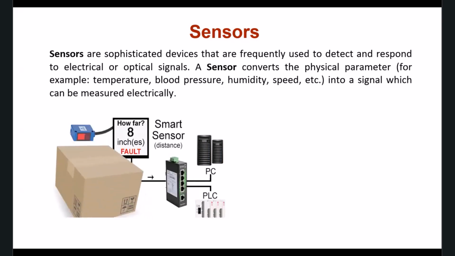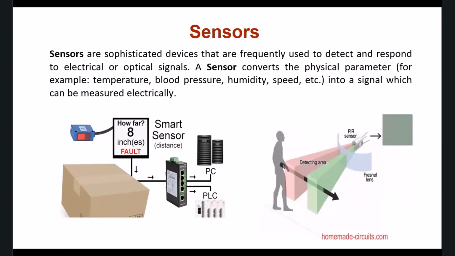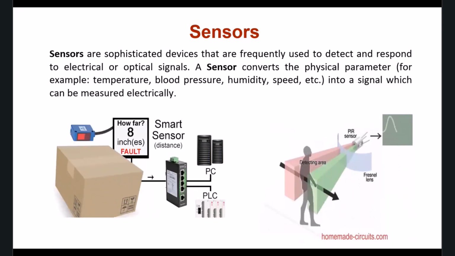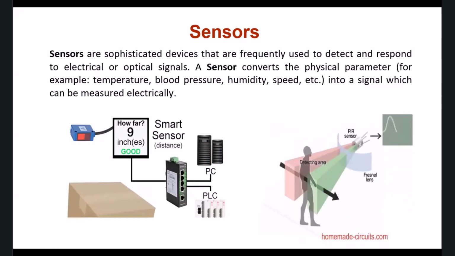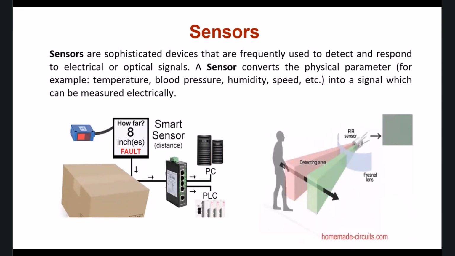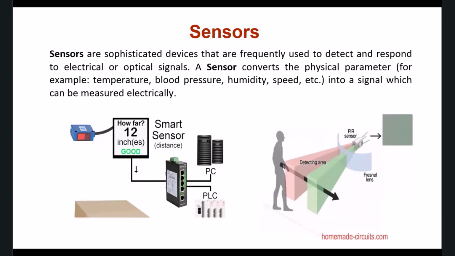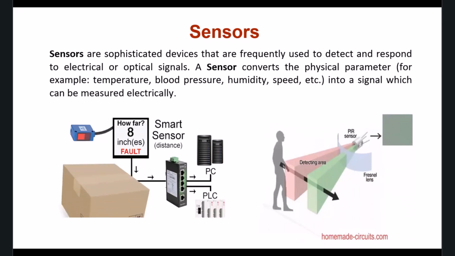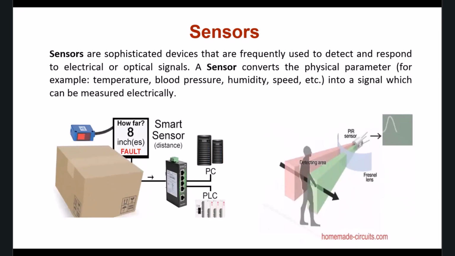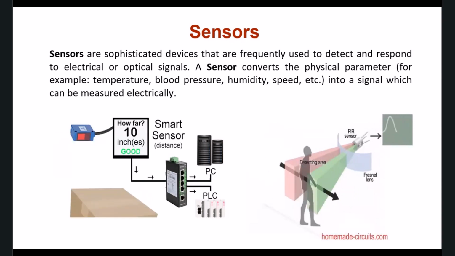Similarly, on your cell phone, you have n number of sensors. So you may understand what exactly a sensor is. Let us take another example. We have used here the PIR sensor, and if some person is crossing that area, it immediately senses and converts that physical movement into an electrical signal. Using this sensor, you can give eyes, ears, tongue to your hardware.